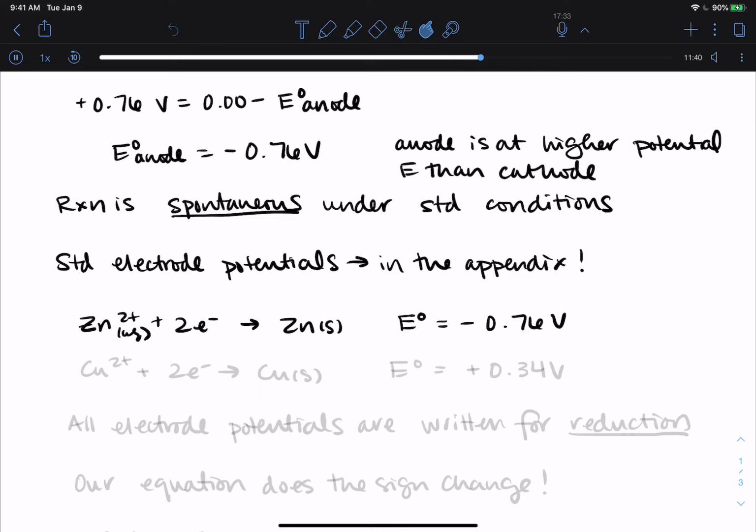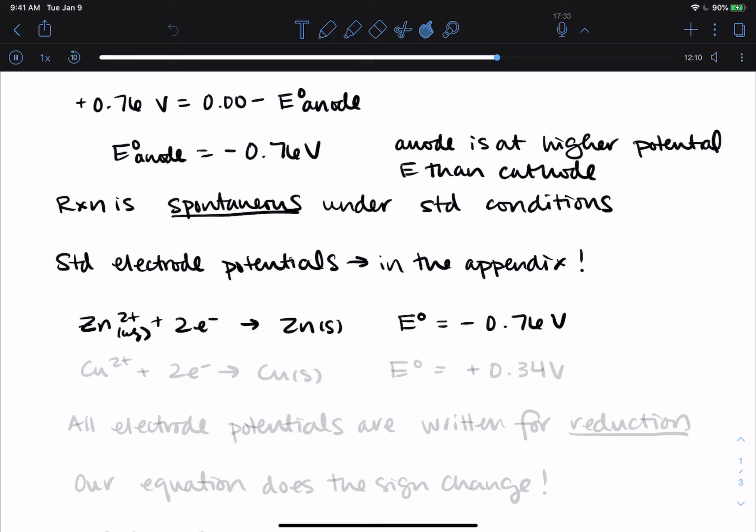Okay, this is written as a reduction reaction, but we just used zinc as the anode half cell for oxidation, and we got the negative 0.76 as our answer when we looked at what its potential would be relative to the standard.